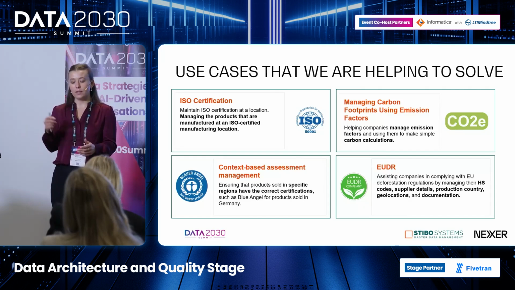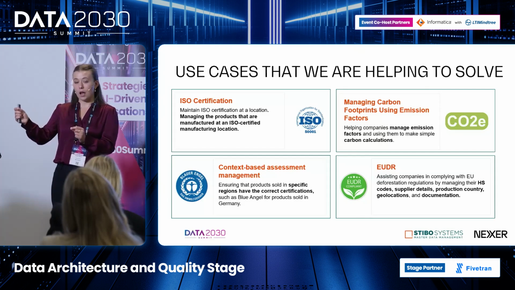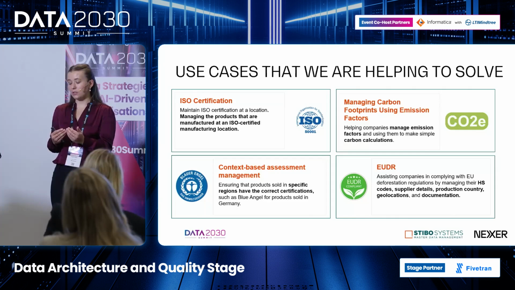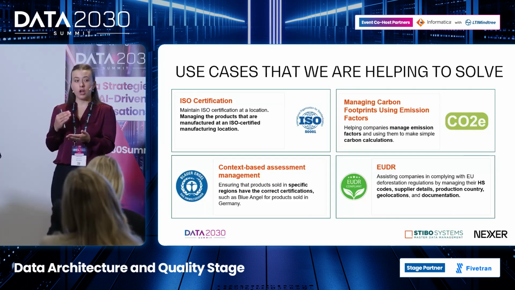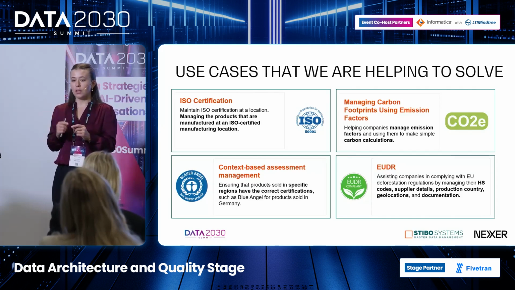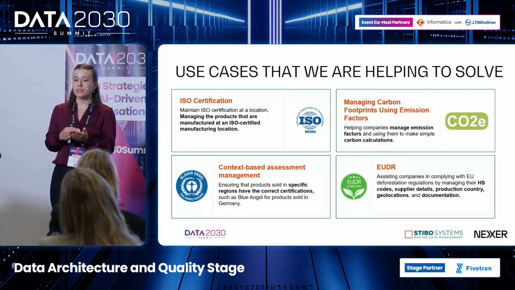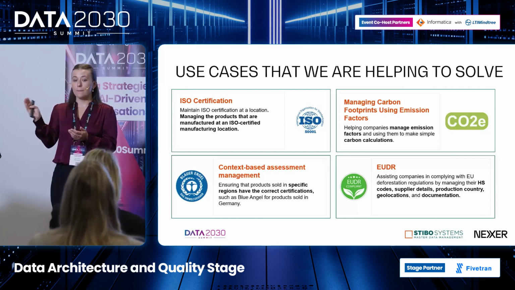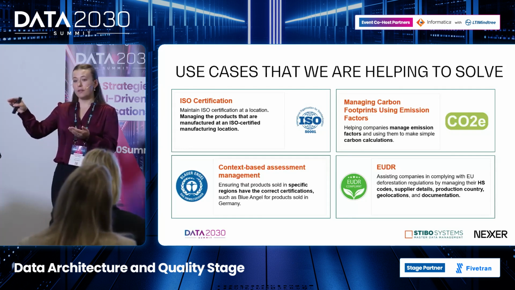So we said, okay, if this product is made in Brazil, and this product is also made in Europe, we have the ability to reference the information of the ISO certifications. We also made it a rule that if Brazil gets all 3 ISO certifications and Europe has only 2, the 3rd one will be knocked off. So that when they go to market, they can say this product is made with an ISO certification with this and this legislation, but not necessarily the 3rd one until they've built up the 3rd one.